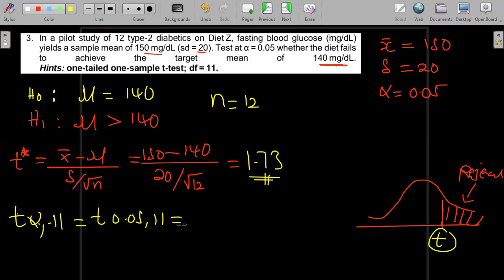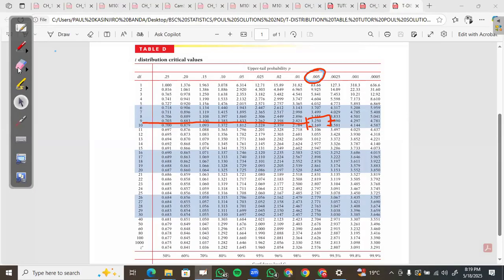So we go back to our t-table here. 0.05 is somewhere there, and then we go to 11. So 11 will be somewhere there. That is 1.796.